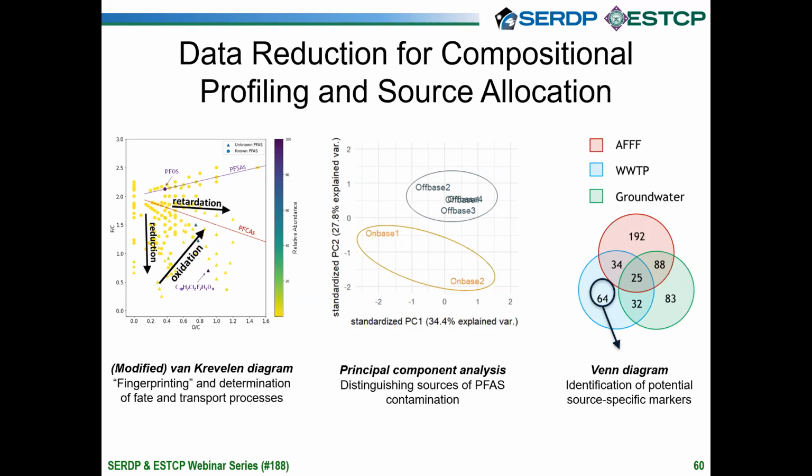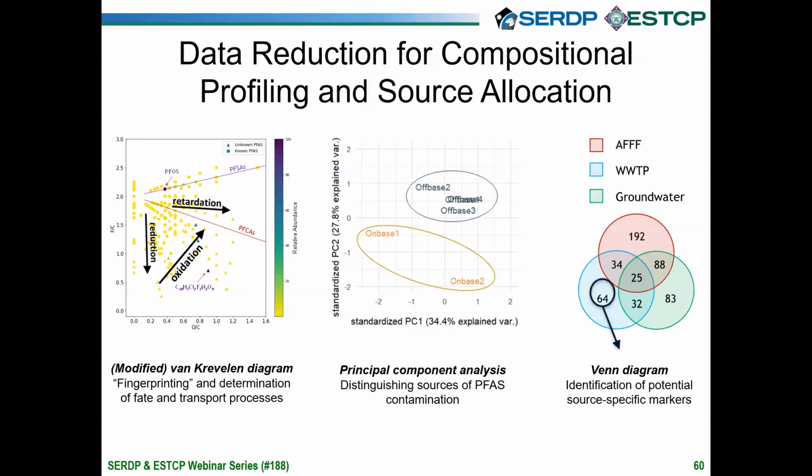So here we're trying to cluster and maybe identify different sources. And so at this military installation where we took groundwater samples, the samples that we took on base differed quite a bit from the ones that we saw off base. So just based on the composition here, we would potentially suspect that there are different sources of the PFAS.